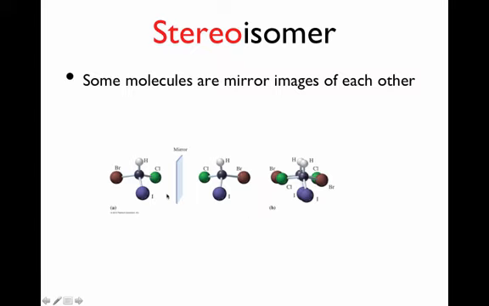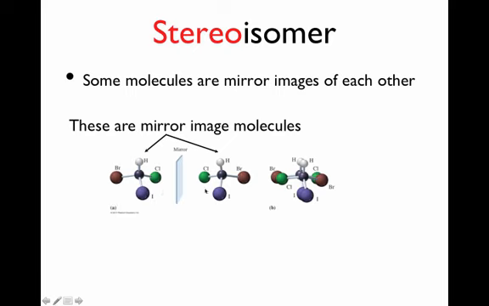Even though the left molecule looks similar to the right molecule, they're not actually the same thing because you can never line up all of the atoms in each of the molecules with each other. And because of that, they are stereoisomers. Same simple formula, but they are mirror images of each other that are not identical to each other. So these are mirror image molecules. They're not the same molecule. They are stereoisomers of each other.